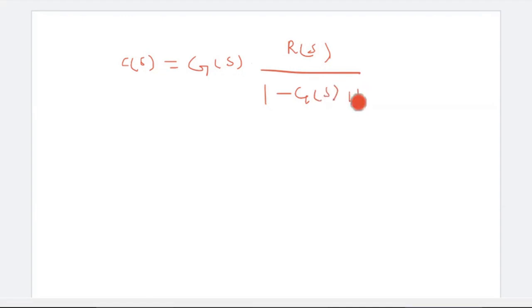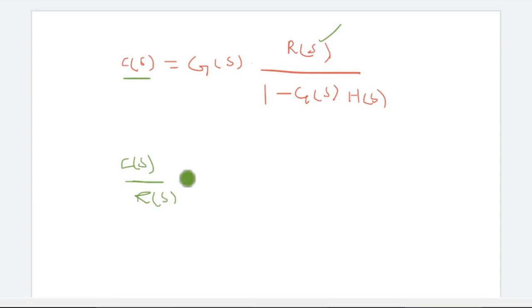Okay, from that we have to find out the transfer function. Transfer function is nothing but output by input. That is C of S by R of S equals G of S by 1 minus G of S into H of S. Very good.